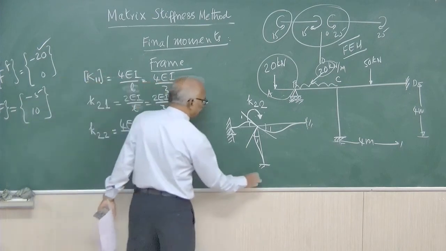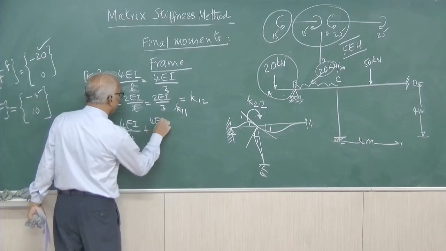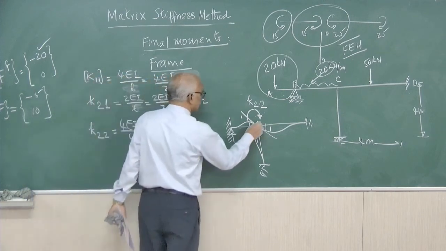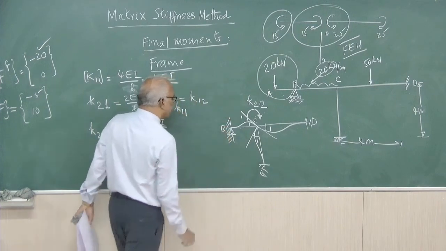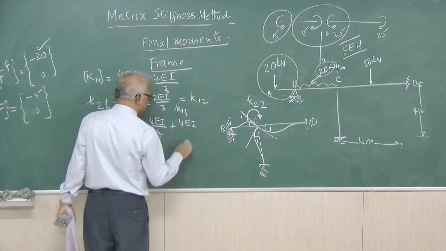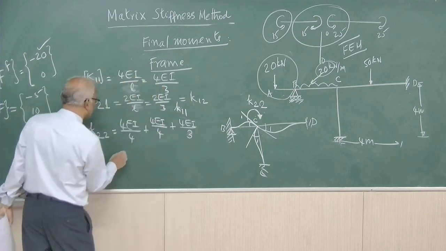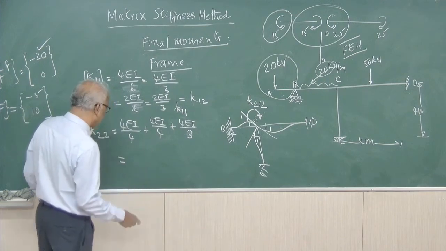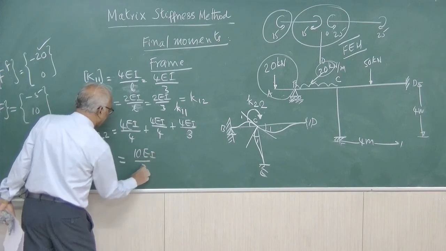Then for BE, that is also 4EI by 4 plus 4EI by 4. Then for the member C, it is CD, it is CE and CB. For CB, again it is 4EI by L, because the far end is treated as fixed, L equal to 3 meters. So, addition and simplification will give you 10EI by 3.